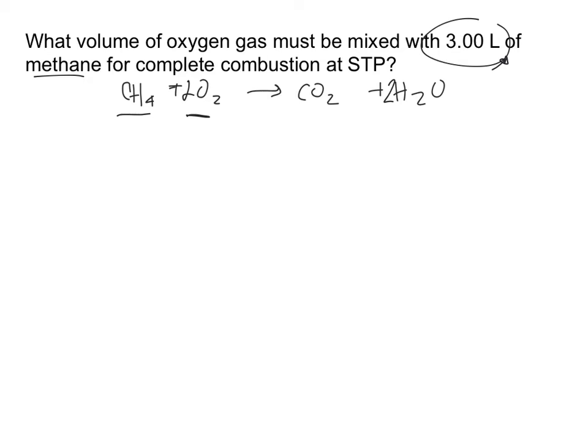So in this situation, I'm going to go from volume of my CH4 into moles of CH4, which is then going to be used to get into moles of O2. Then once I get into moles of O2, I'm going to go to volume of O2.